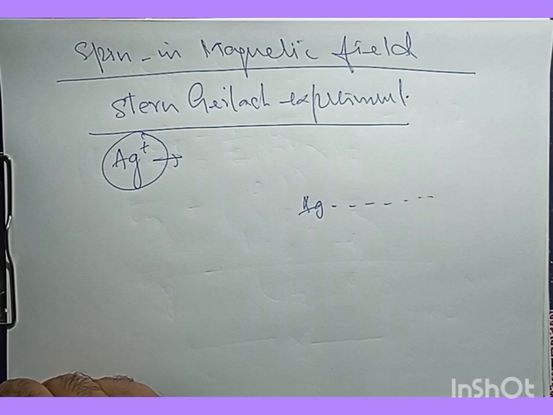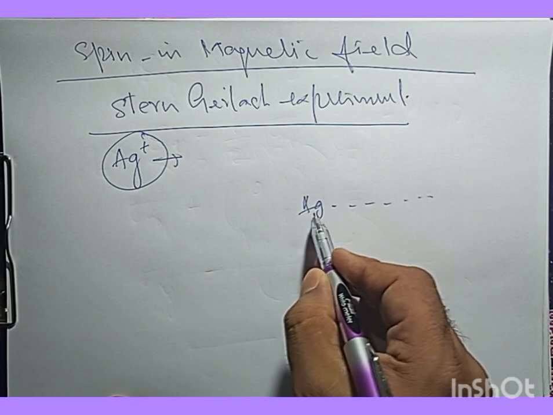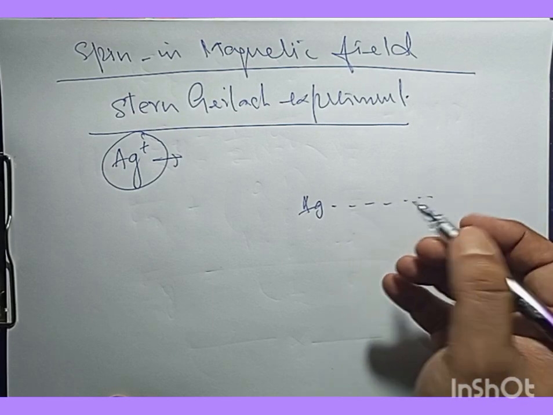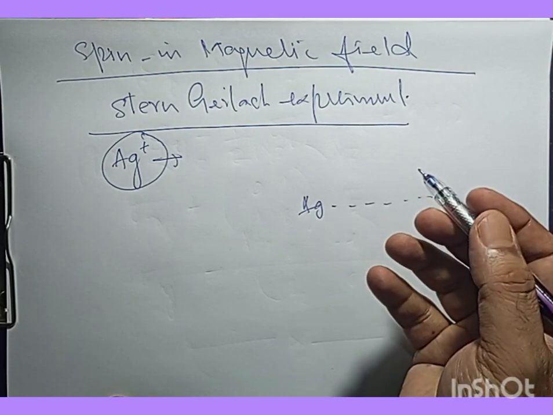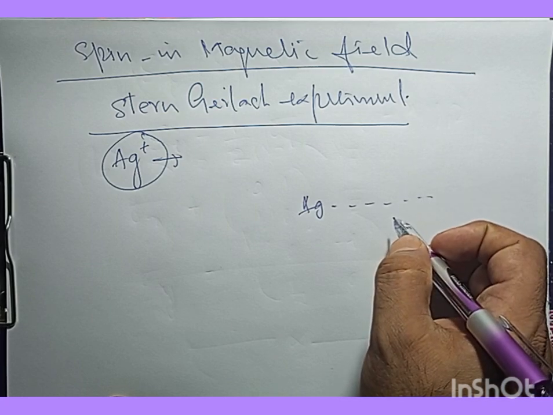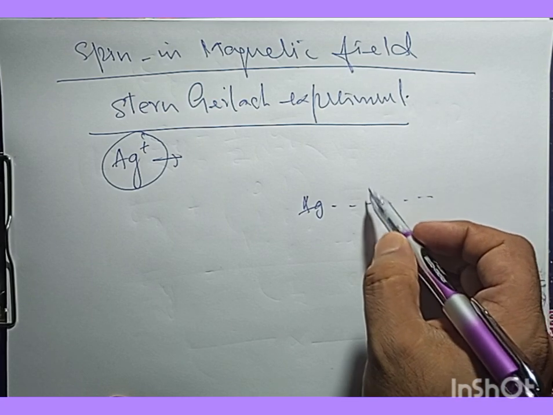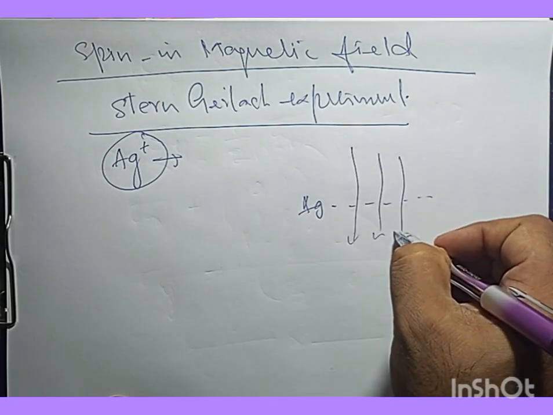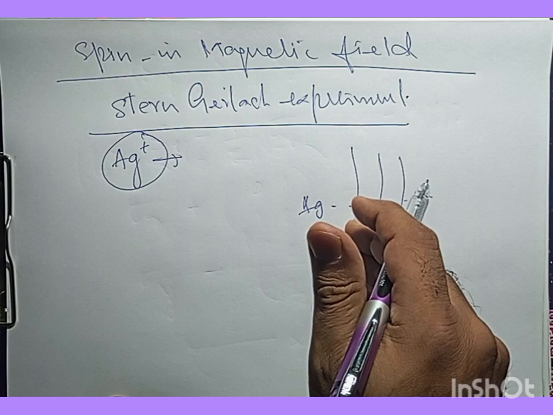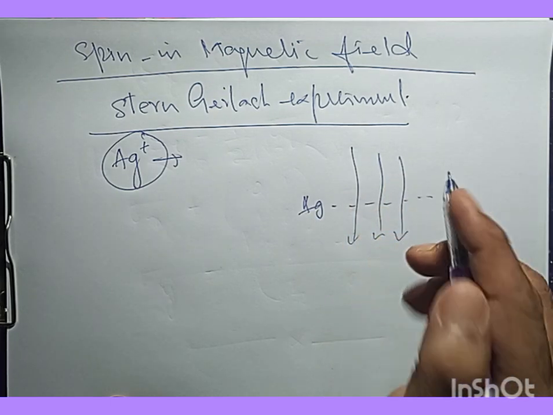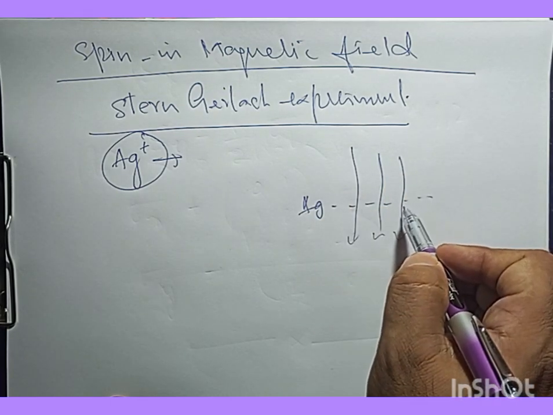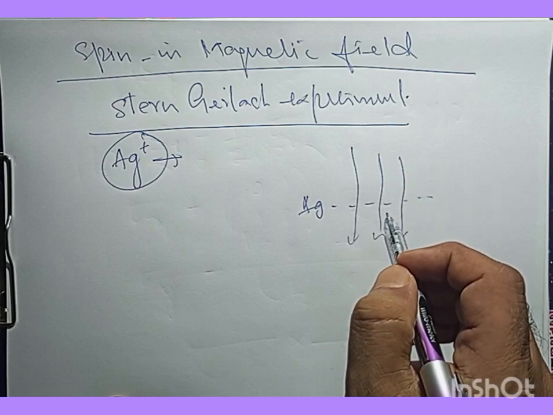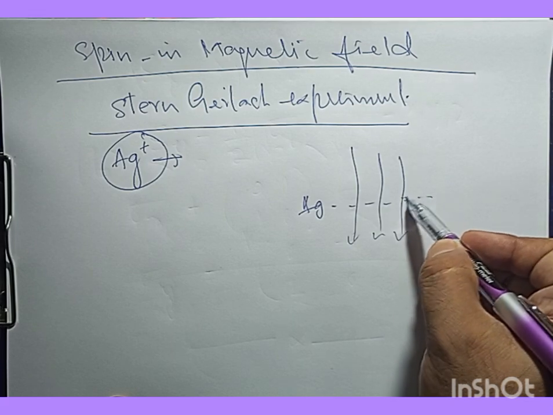They have lost one electron, and this beam of silver atoms is passed through an inhomogeneous, or we may call it a non-uniform, magnetic field. The magnetic moment of this electron interacts with the magnetic field, and there is splitting of this beam.